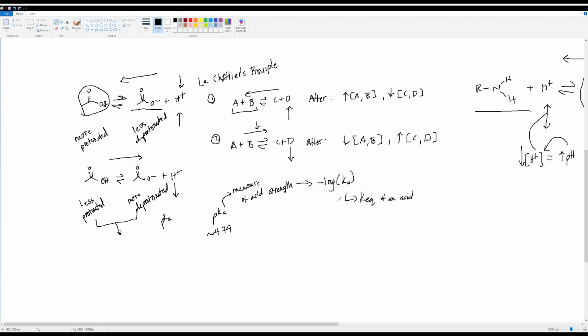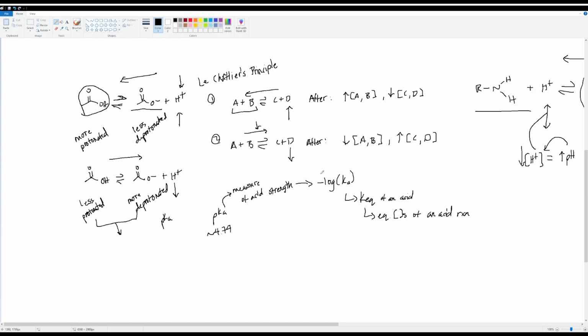And so what this is, is the equilibrium concentrations of an acid reaction. So it's a measure of acid strength.